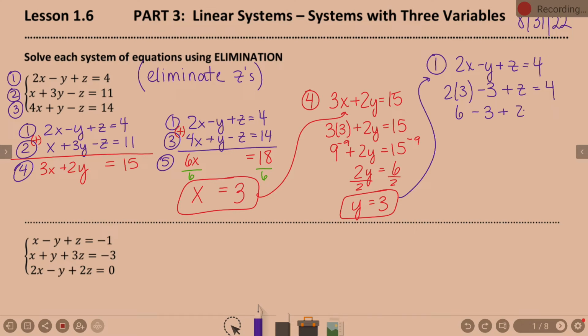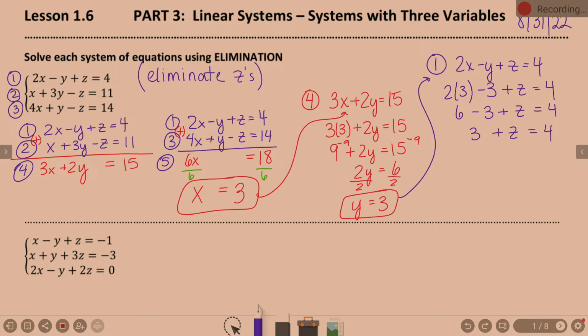So I have 6 minus 3 plus z equals 4. Like terms, 6 minus 3 is 3 plus z equals 4.